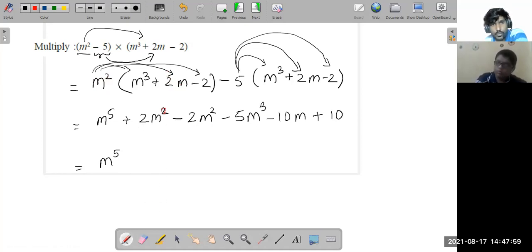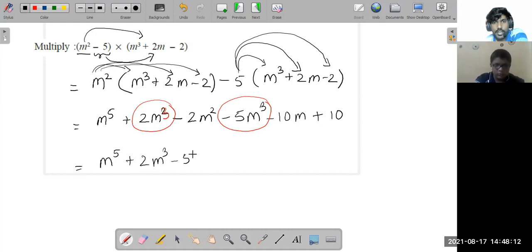So we write 2m cube and -5m cube together, then lastly minus 2m square. Minus 10m is also single, with no pair, then plus 10. So now you have to solve it.